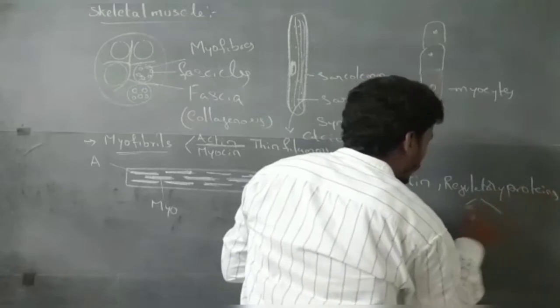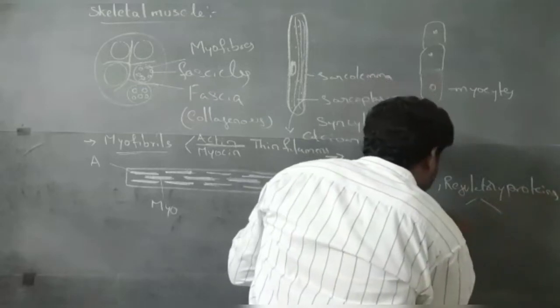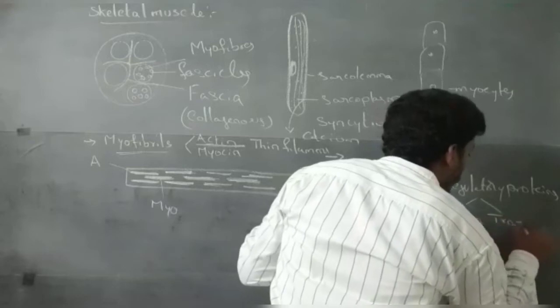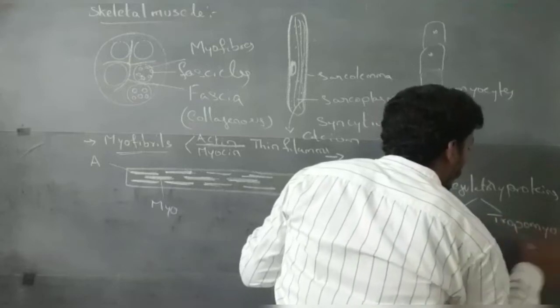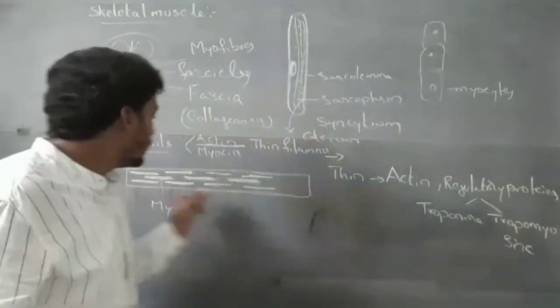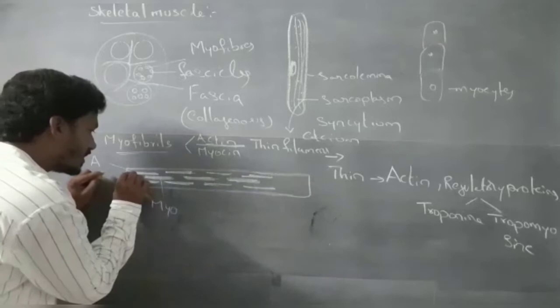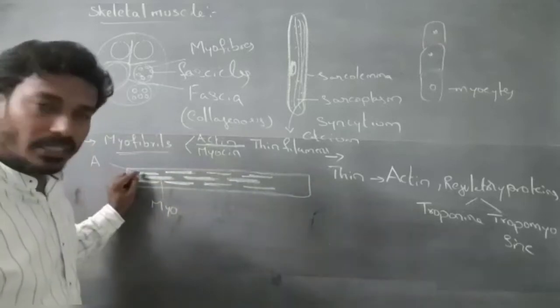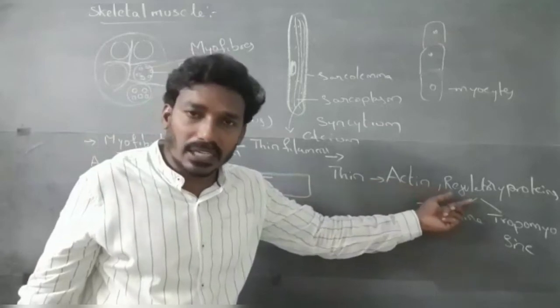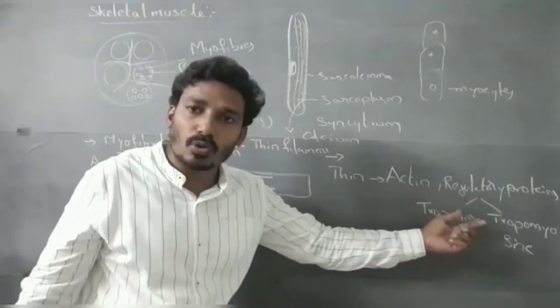The regulatory proteins are troponin and tropomyosin.